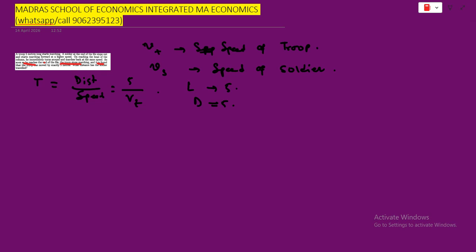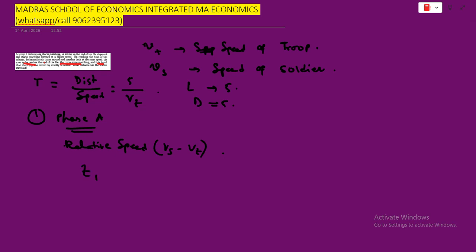Now Steve's trip has two parts. Part 1, that is phase A. He is chasing in front. So what is the relative speed here? Relative speed is Vs minus Vt, right? And he has to cover the length of the troop, 5 meters.